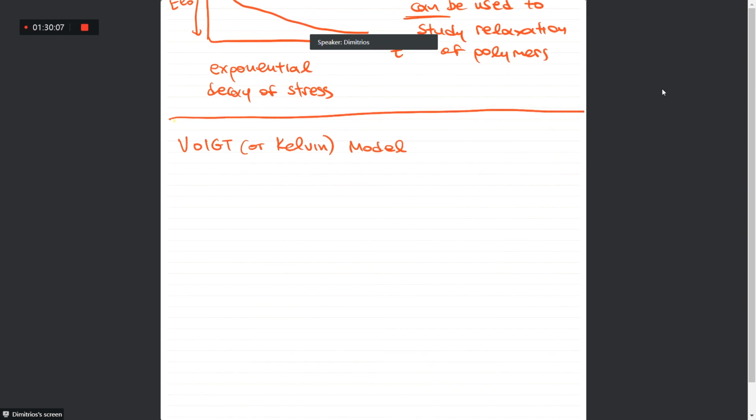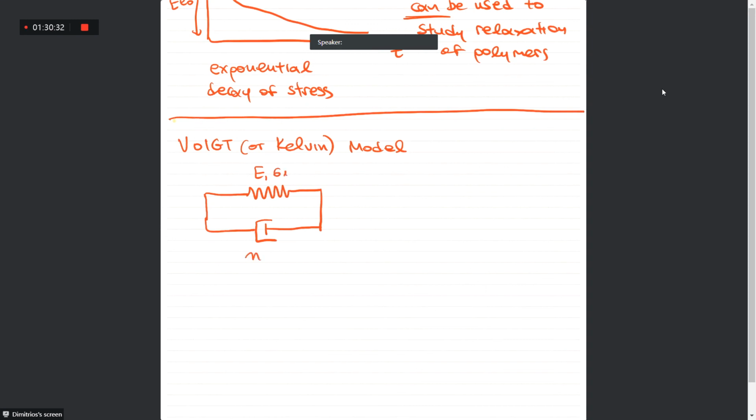So here we have a spring and a dashpot. The spring represents the elastic parameter, sigma 1, and the dashpot is the viscous phenomena, sigma 2.